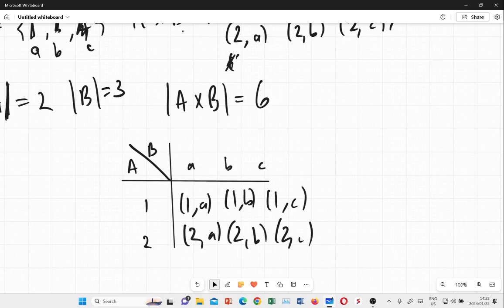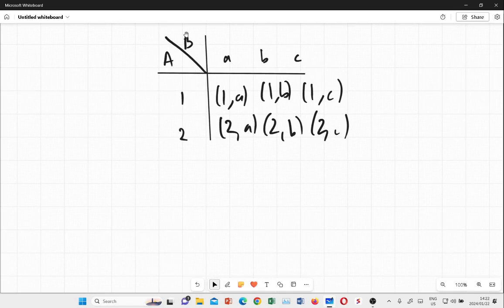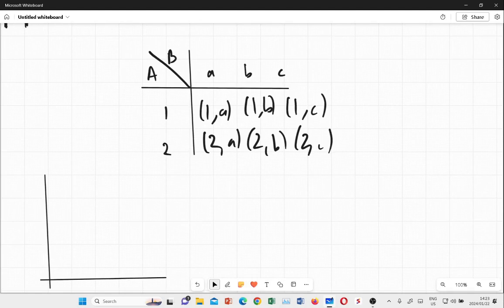And the way we can visualize this is in a better way, in the following example. So let's give another example. Let's look at example 2. In example 2, let's say that our first set is this open interval 0, 2.